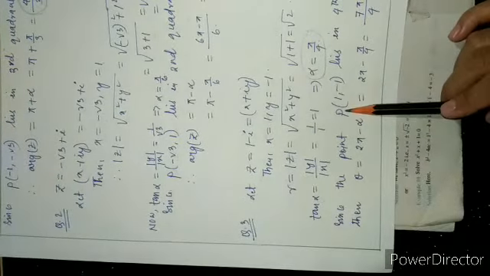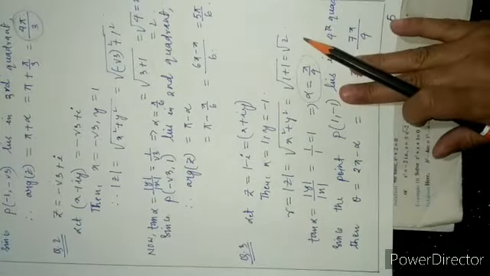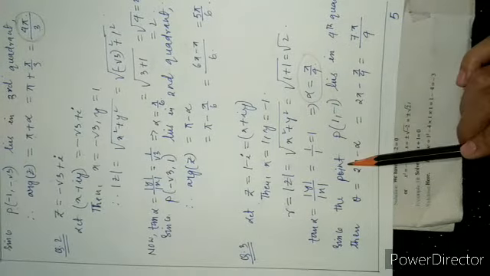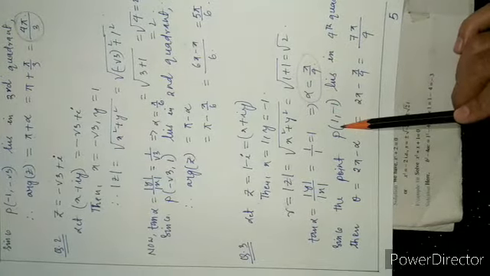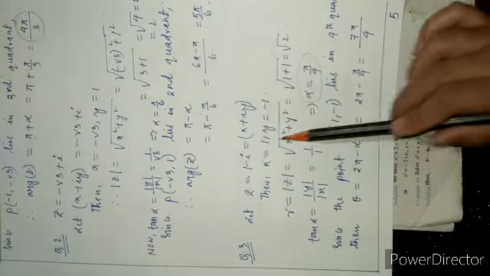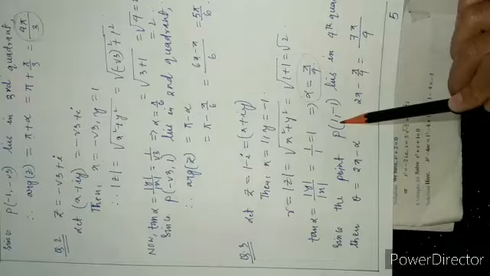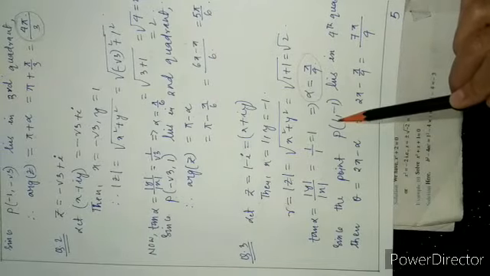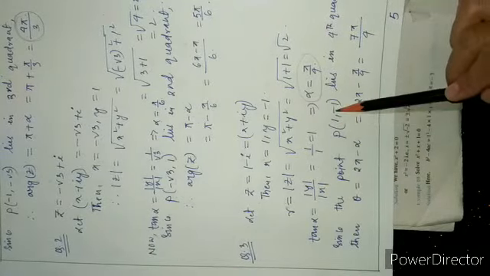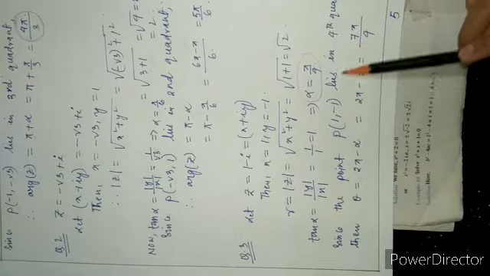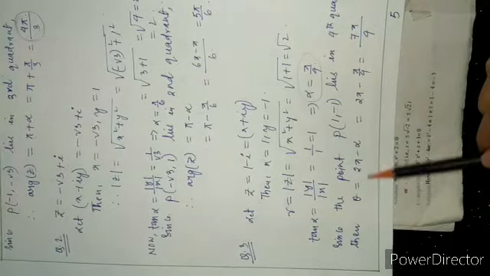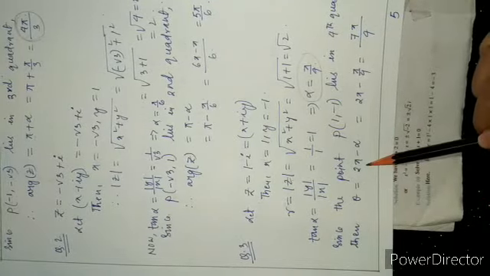Now check which quadrant the point P lies in. Since the point P representing the complex number is x comma y, here x is equal to 1 and y is equal to minus 1. Since x is positive and y is negative, it lies in the fourth quadrant, then theta will be equal to 2 pi minus alpha.